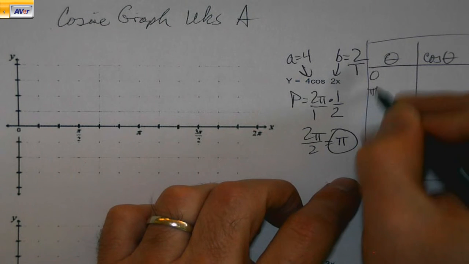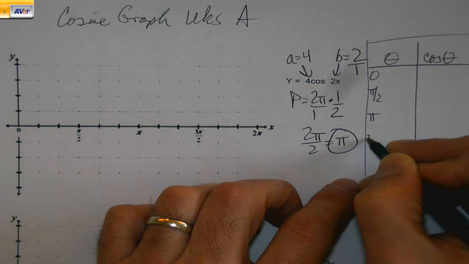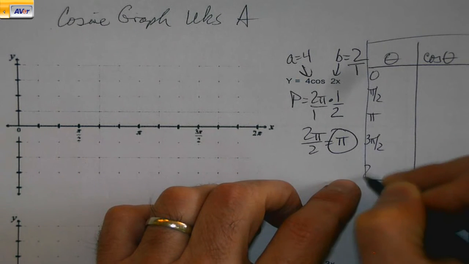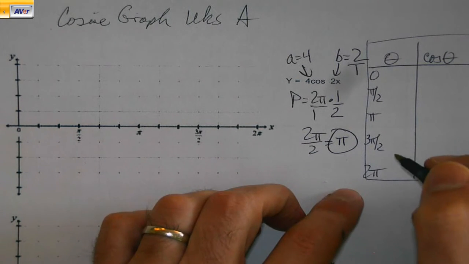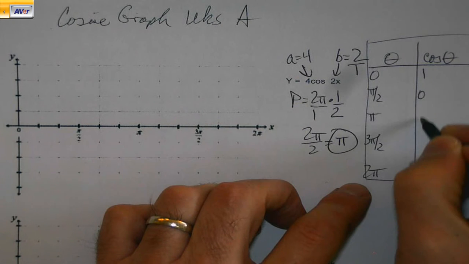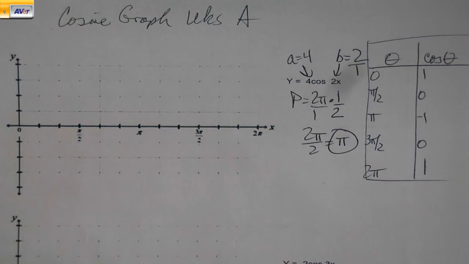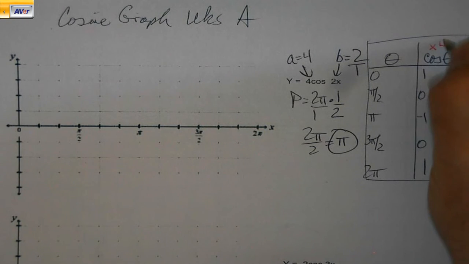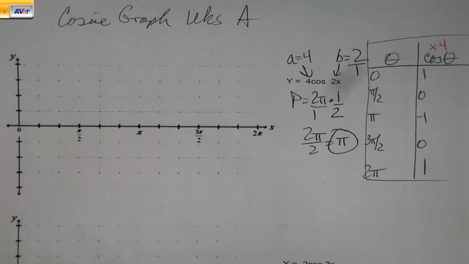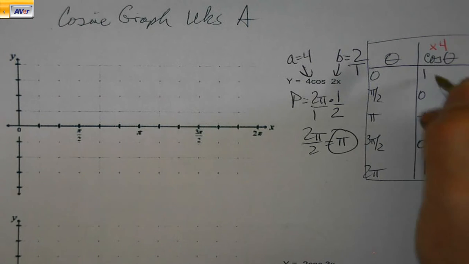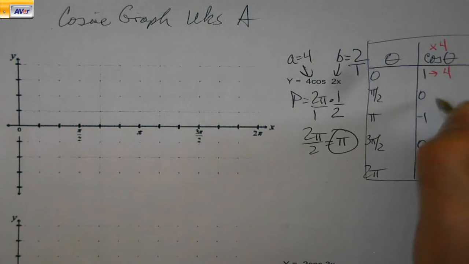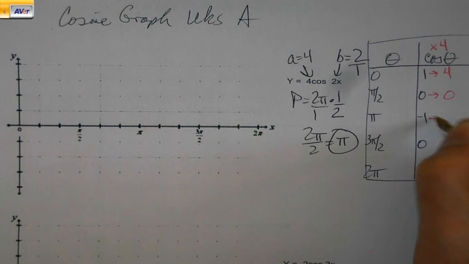We know what we start with, or at least we're working towards getting to know what we start with. Still got a couple days to play with here. And I look and I go, okay, now this time, I've got an a value. So we're going to multiply all the cosine values by 4.